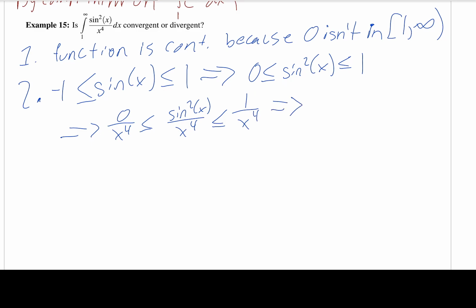So this means that the integral from 1 to infinity of sine squared of x over x to the fourth dx is less than or equal to the integral from 1 to infinity of 1 over x to the fourth dx.